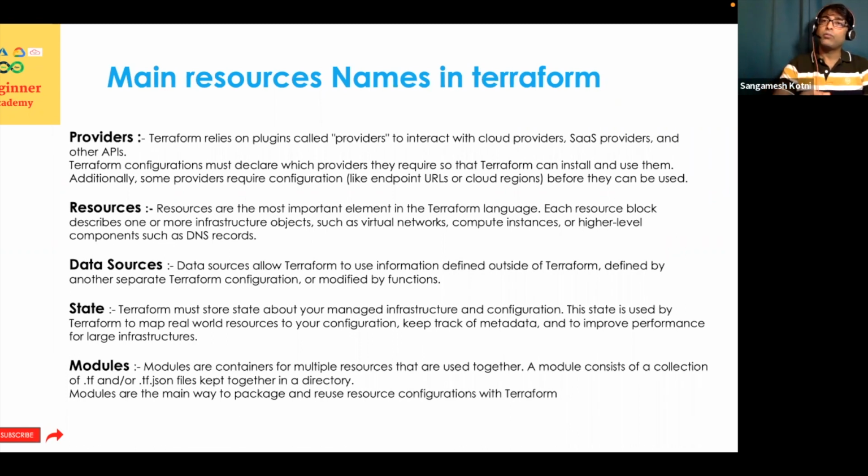If you are running it from local, it would be created in your working directory with the file extension .tfstate. This is the heart and soul of our Terraform infrastructure configuration. It is a heart and soul. In this particular .tfstate, all the history would be written.